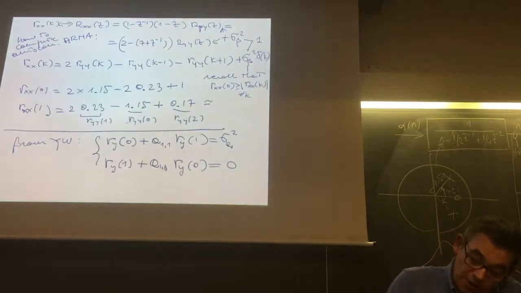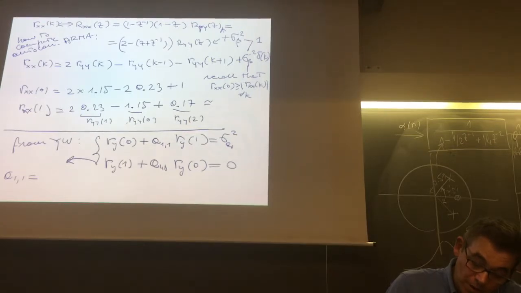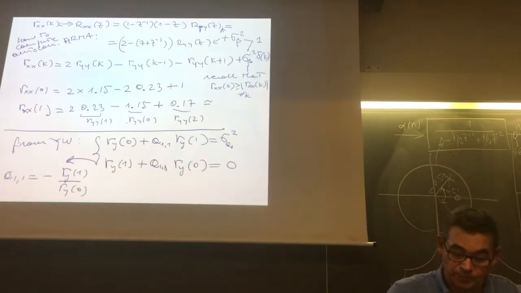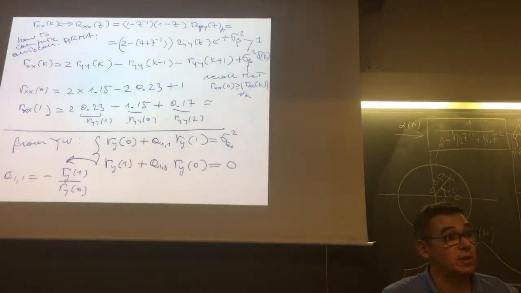Solving for this, I get that a_1^(1) is equal to minus R_y(1) divided by R_y(0). This is the position of the first coefficient.